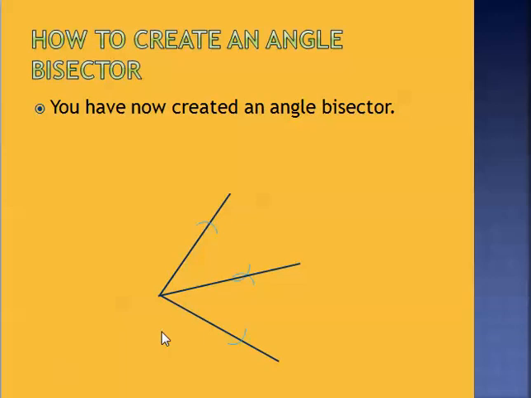So now you look here and you see I've drawn my final line, and it is going from the vertex of the original angle, and it crosses where those two blue lines cross in the middle of the angle. You have now bisected your original angle with a line.